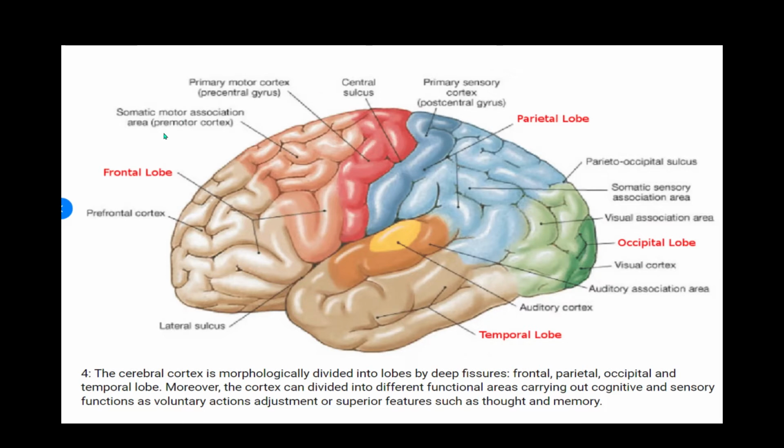So this shows us the primary motor area, the primary sensory area, the primary visual cortex, the primary auditory cortex, and right here, but not labeled, is our primary speech area, that's Broca's area. Those are the main ones one should remember.